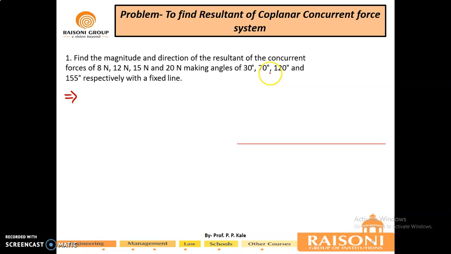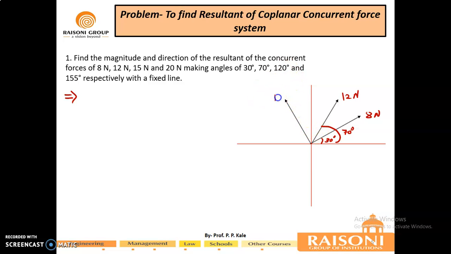First of all consider a fixed line. Then draw the first force, 8 Newton, with an inclination of 30 degrees with respect to the fixed line. Then the second force, 12 Newton, with an inclination of 70 degrees with the fixed line. Then the third force, which is greater than 90, therefore we will consider the y-axis also here.